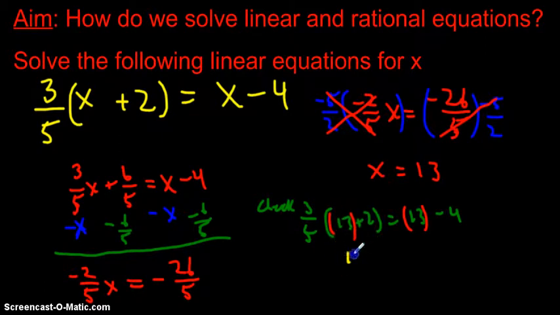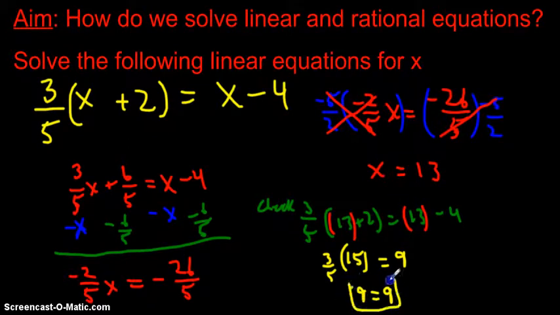So 13 plus 2 is 15, times 3/5, which is equal to 9. 3/5 times 15 is 3 times 15 is 45, divided by 5 is 9. 9 equals 9. If both sides are equal, you found the correct value of your variable. So 9 equals 9 says it was correct, so x equals 13.